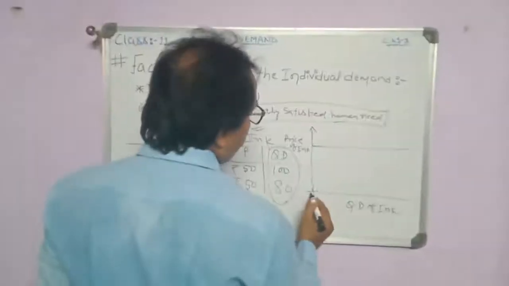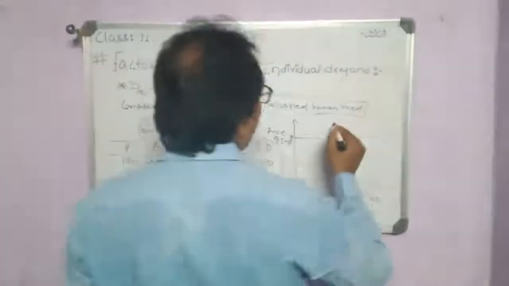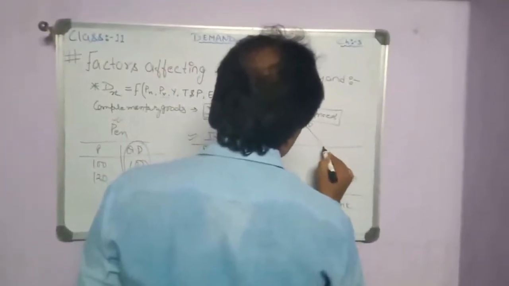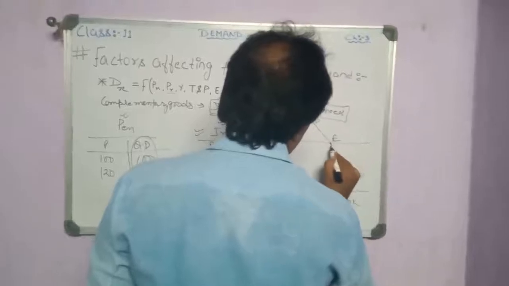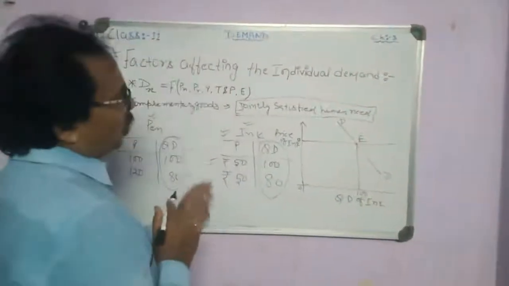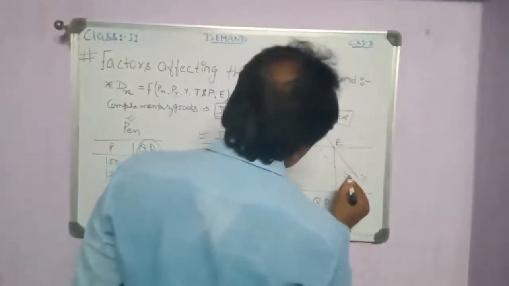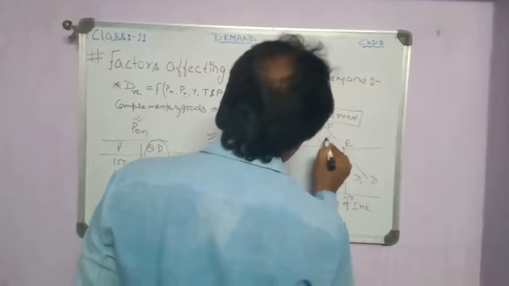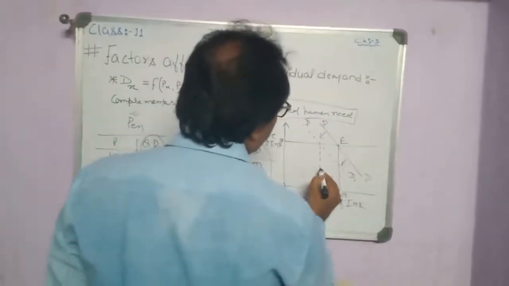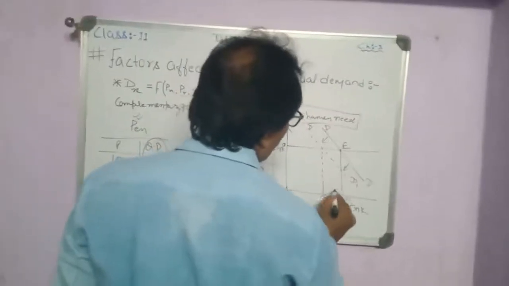The initial demand was 100, that is DD, which intersects at point E, so the quantity is 100. Even though there is no change in the price, the demand has decreased from DD to D1, and the demand curve shifts leftwards. Okay, and the new demand is determined, that is OQ1.